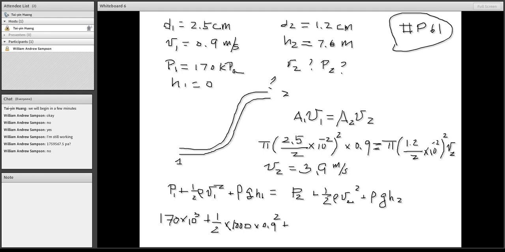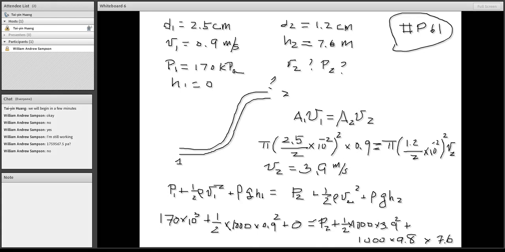This must be equal to the pressure at point 2, which we were asked to find, plus 1/2 the density of the fluid times the velocity at point 2, which is 3.9. Remember to square it. And then plus the density of the fluid, 1,000, times 9.8, times h2, and your h2 is 7.6 meters.